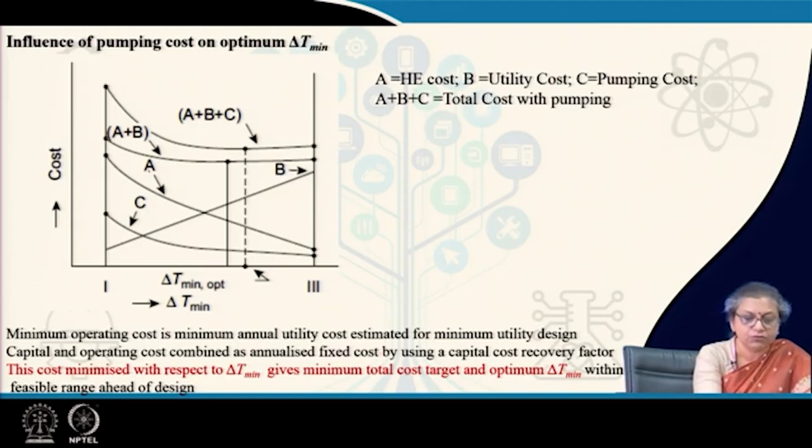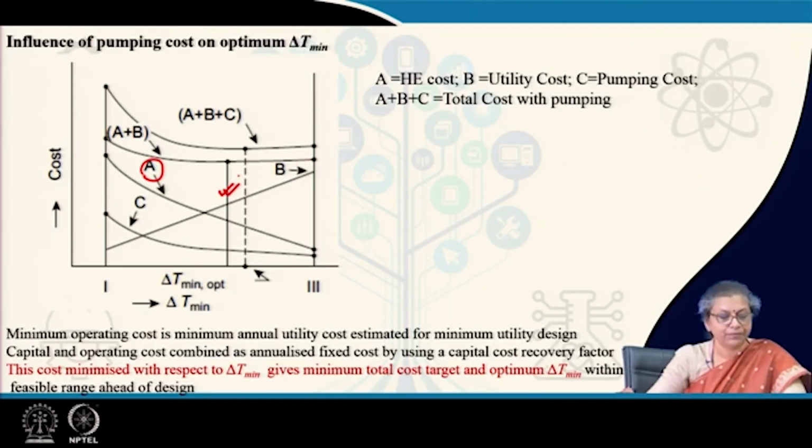So, this is the formula from where we can find out the C network, which is the capital cost, plotted as curve A here; curve B is the utility cost. So, just similar to the two stream problem, we can add them up and get the cost versus delta T min, from where we find the optimum delta T min.